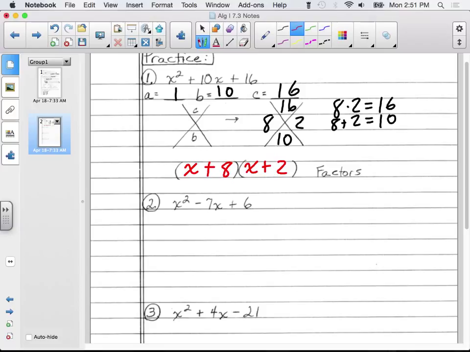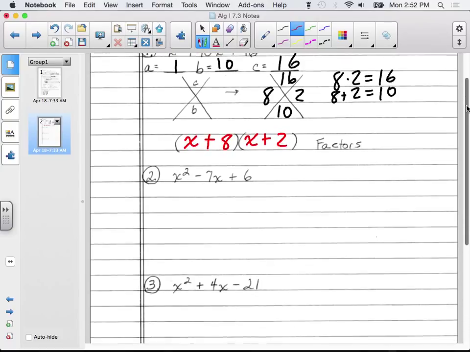Our I step, what do we get? 8x. So 2x and 8x, we can add those together. 10x. And then our L step, what do we get? 16. So we got x squared plus 10x plus 16. Is that what we started with? Does it check out? Yes, it does.